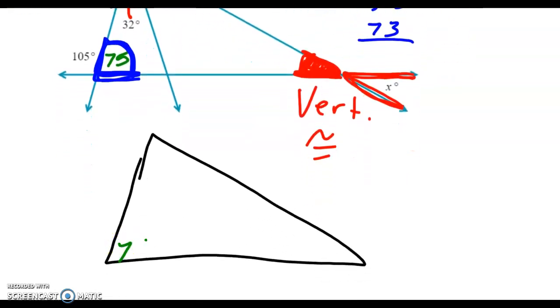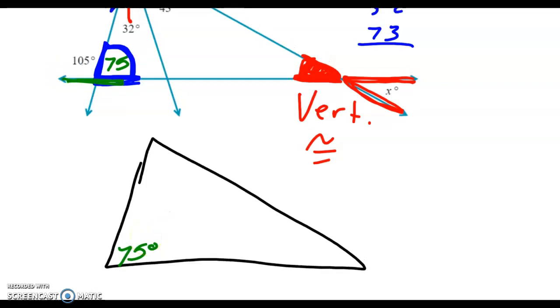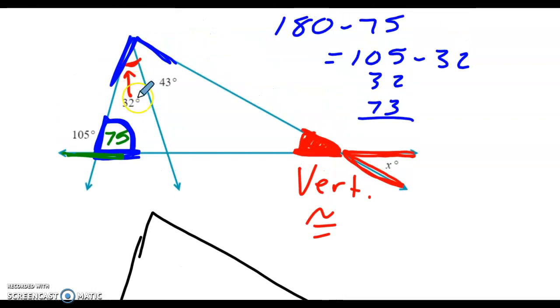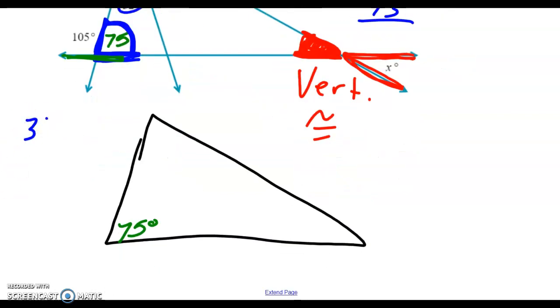Right now, you found out because of the straight angle theorem or the linear pair that we've got 75 degrees in that bottom corner. Up here, they're giving you 32 and 43 degrees in these two angles. Well, add them up. Angle addition. 32 plus 43 is going to give you 75 degrees as well.